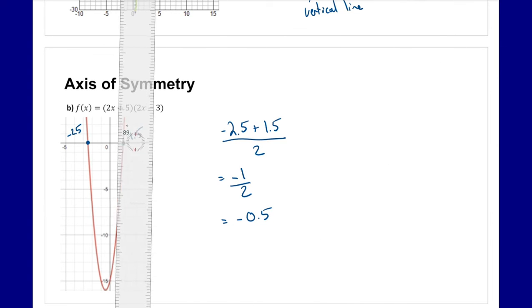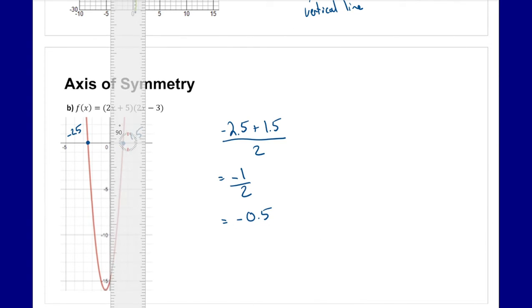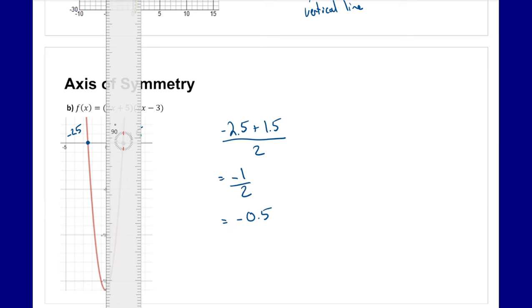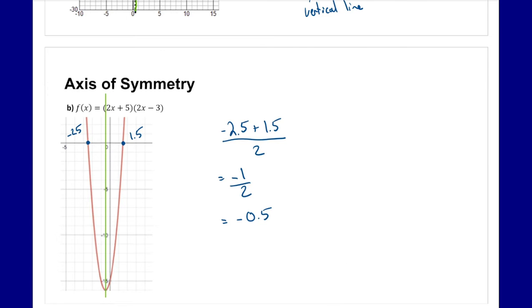So our midline, or our axis of symmetry, that goes right through our parabola, has the equation x equals negative 0.5. And we can see from our graph that that line does exist, and it is our midline, or our axis of symmetry. So the equation for the axis of symmetry is halfway between our two zeros. In this case, x equals negative 0.5 is the equation for that vertical line.